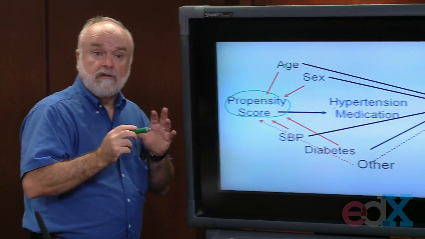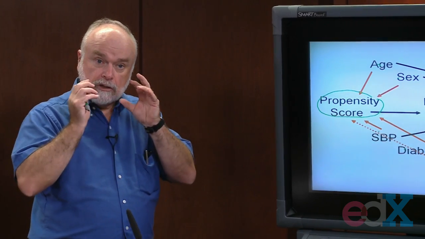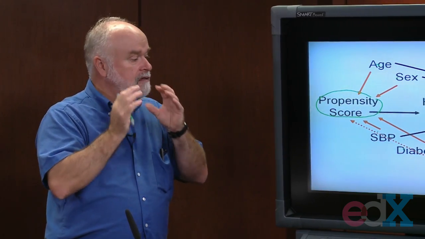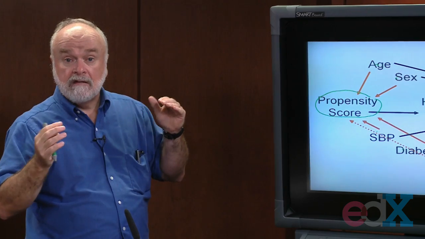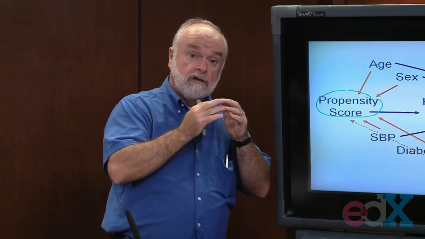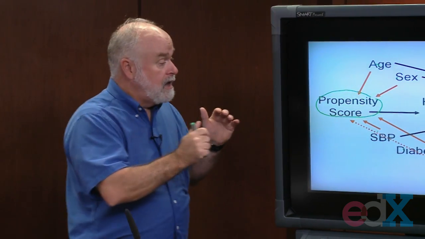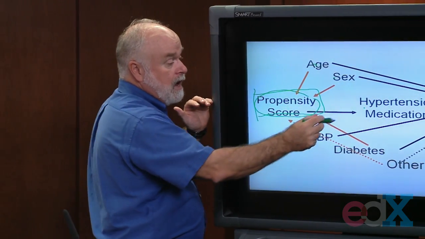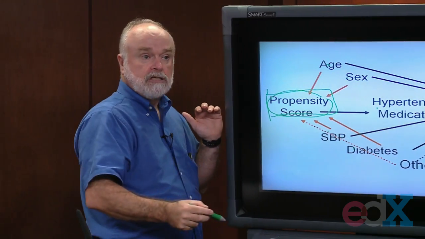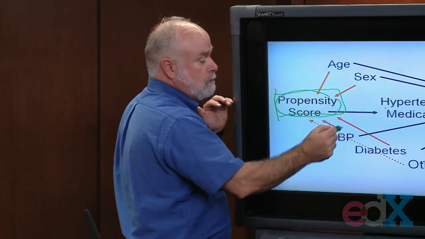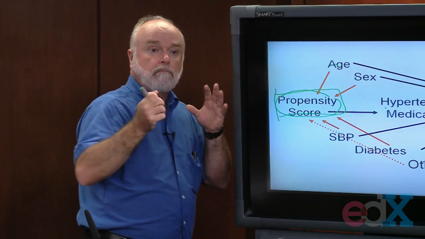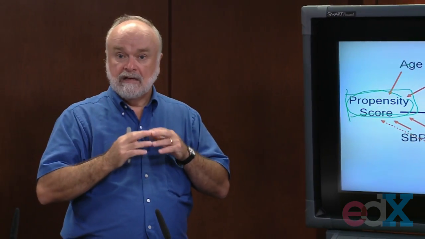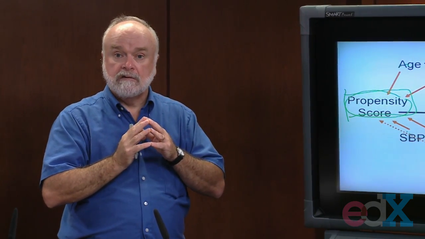So if the propensity score works, if it captures the total influence that age and sex and blood pressure and diabetes has on the decision to receive blood pressure medications, if I stratify by ranges or values of the propensity scores, I should see no leftover relationship between age or sex or blood pressure with the exposure. I blocked all those pathways. That's the theory behind the propensity scores.